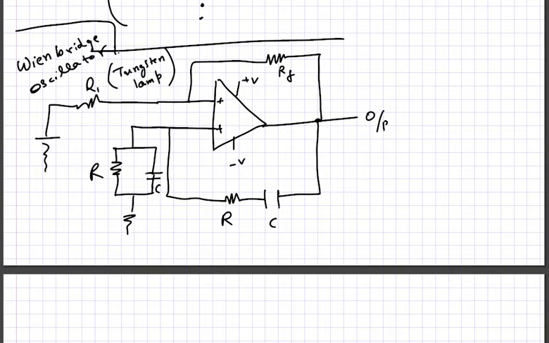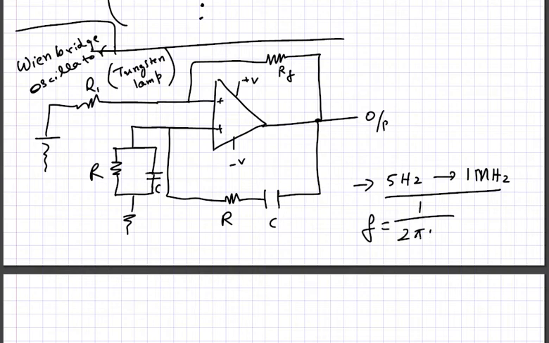It is an oscillator that is used to produce frequencies between 5 Hz to 1 MHz. That is the range of frequencies you can generate using a Wien bridge oscillator. This uses both the inputs as a combination, and the frequency is given by 1 by 2 pi RC.